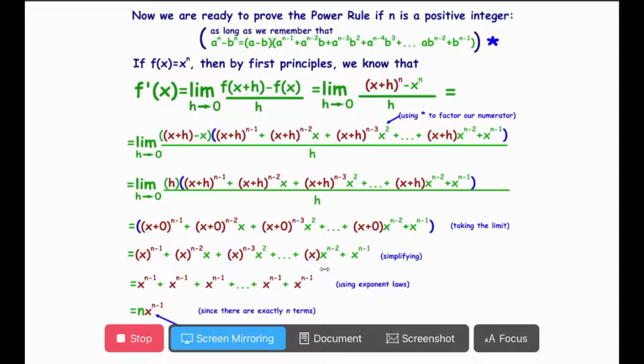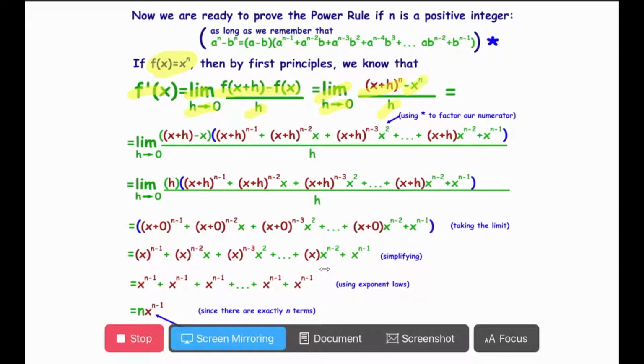So if f of x equals x to the power of n, then by first principles, we know that f prime of x is equal to the limit as h approaches 0 of f of x plus h minus f of x over h. And in our case, we're looking at x to the power of n as our f of x. So the limit as h approaches 0 of x plus h to the power of n minus x to the power of n over h. What is this going to equal?